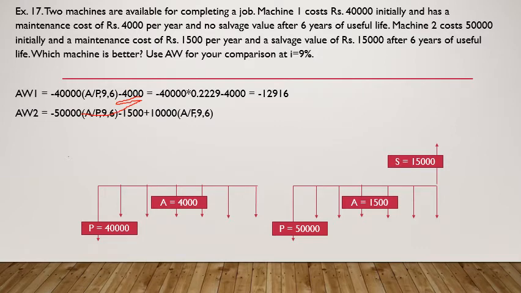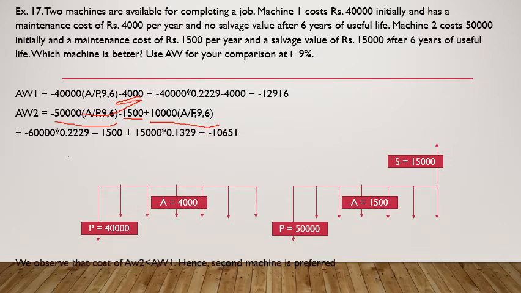Similarly, calculate AW2: the initial purchase price of 50,000, which is P, convert that into A using the factor A by P comma 9 comma 6. The 1,500 is evenly spread for 6 years, retain it as it is, and the salvage value, which is F, convert that into A using the factor A by F comma 9 comma 6, that is 10,651.